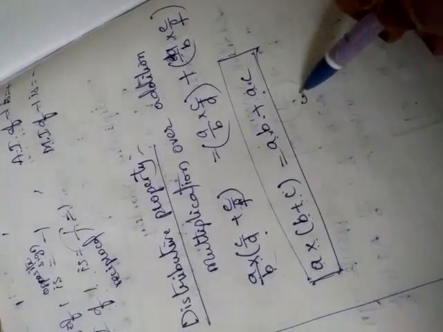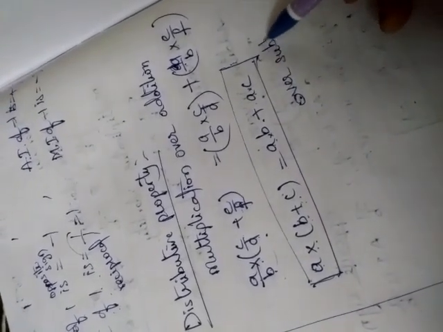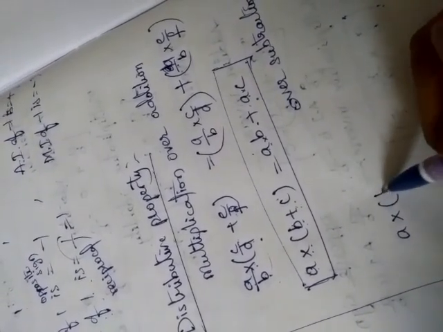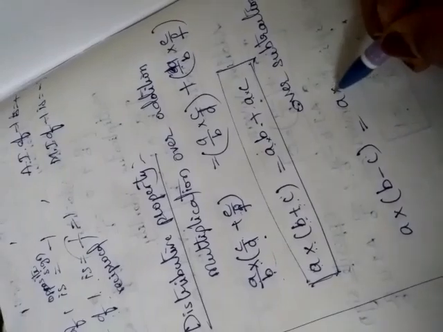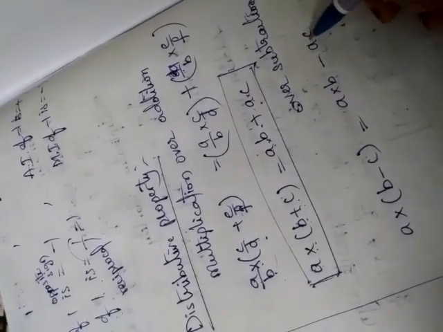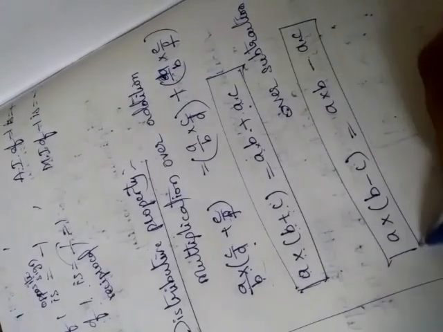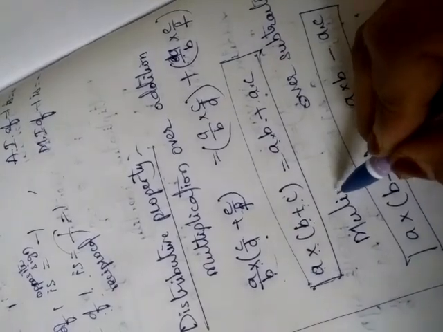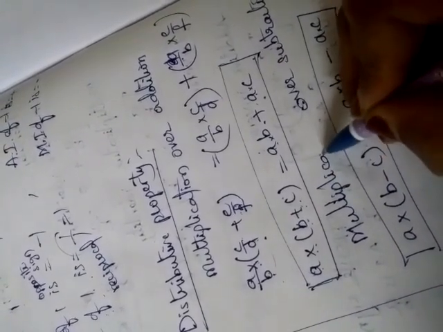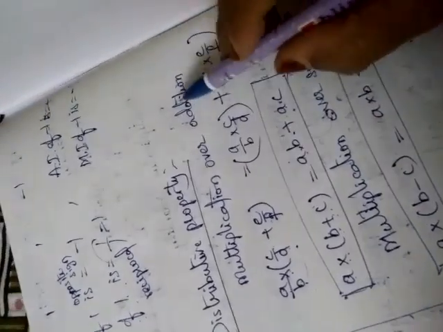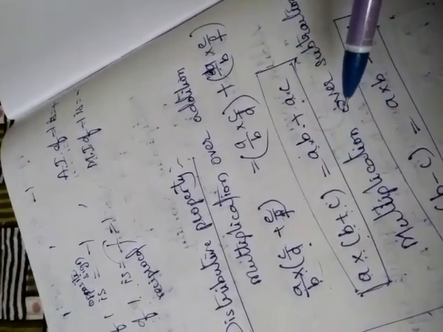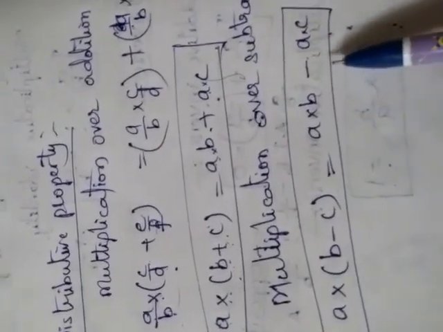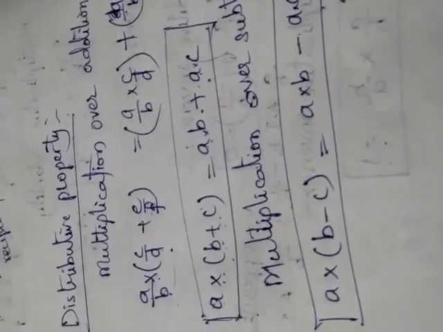If it is over subtraction, replacing addition we write a into b minus c equals a into b minus a into c. Distributive property: multiplication over addition is a into b plus c equals a into b plus a into c. Multiplication over subtraction is a into b minus c equals a into b minus a into c.